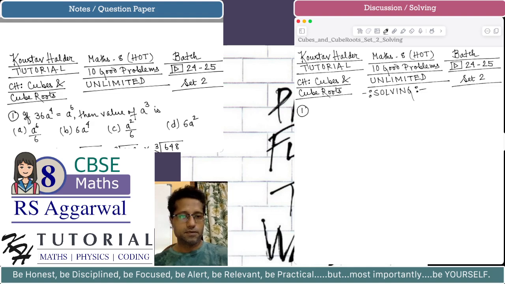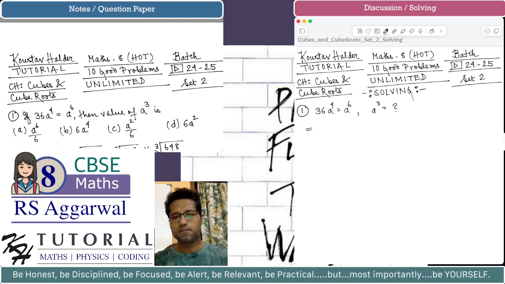Problem 1 says, if 36 a to the power 4 is equal to a to the power 6, then find the value of a cube. We have to find the value of a cube. Now one way is that we are given 36 a to the power 4 is equal to a to the power 6.